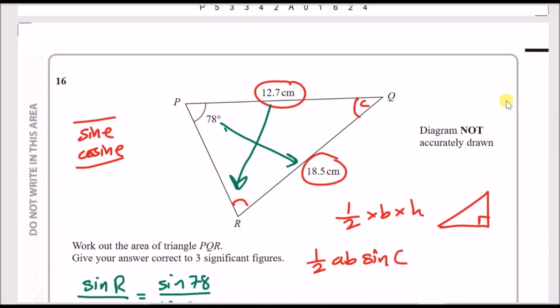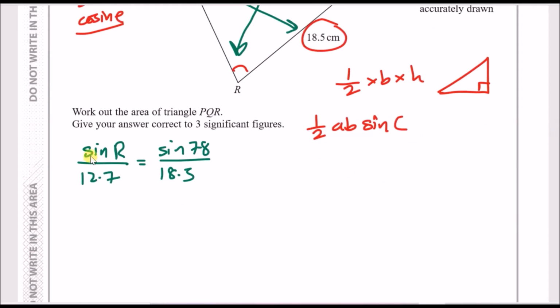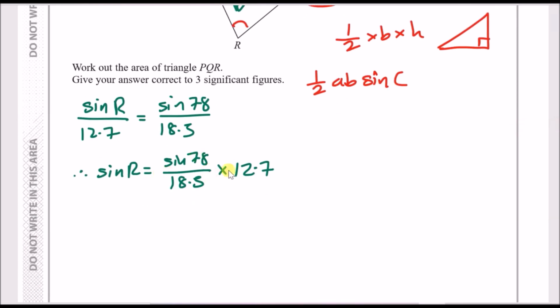Now what we're doing here, we're trying to find the angle of R, yeah? So let's rearrange and make sine R the subject. So to do that, I would times 12.7 across. So sine R equals all of those lot over whatever that was times 12.7. Now what I want you guys to do is literally just smash this all in the calculator, everything on the right side.